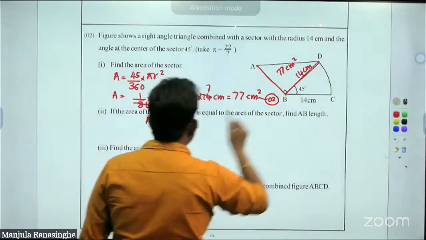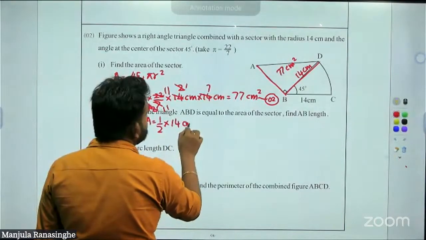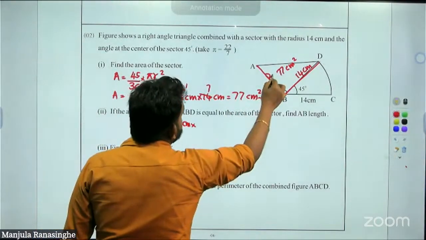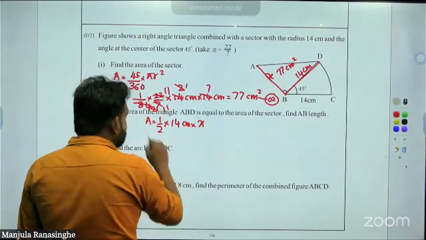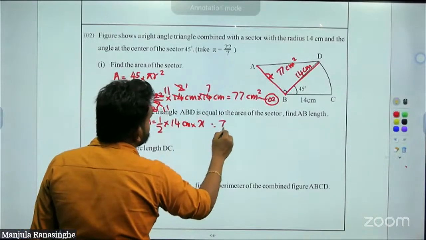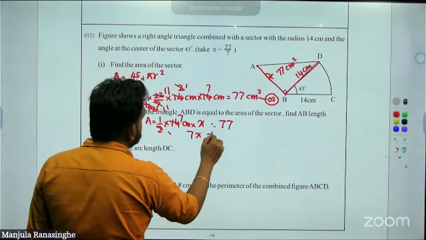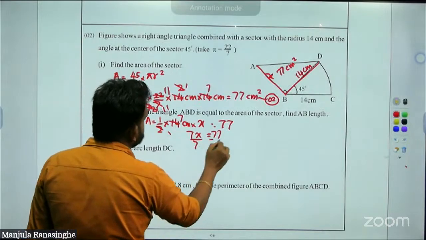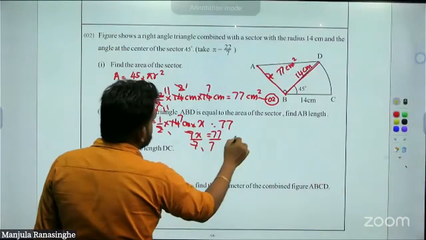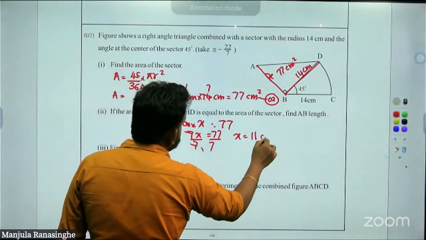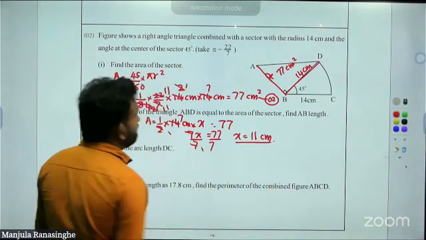Here you choose 14 centimeter. The height is the AB length. Take AB length as x. That area equals the area of the sector, 77. Then half into 14 is 7, so you can see 7x equals 77. Just divide by 7 on both sides. Then x becomes 11 cm.